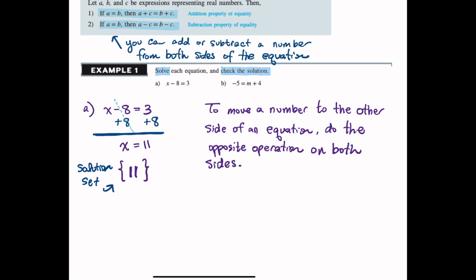So that means if there is an addition happening, you would want to use a subtraction. If there's a subtraction happening, which is what we had in our case, you would want to use an addition. If you had a multiplication, you would want to use division. And if you have division, you would want to use multiplication.